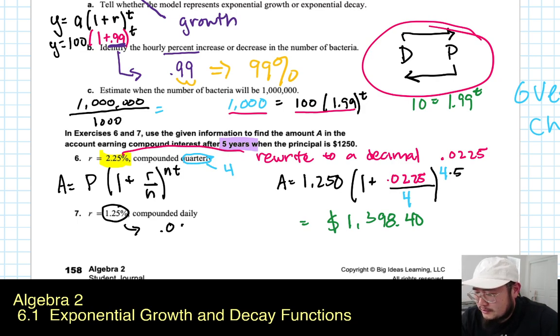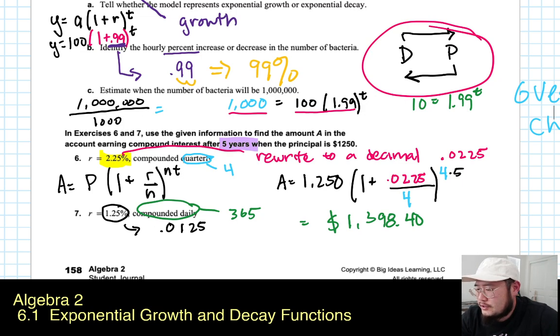So we have 365. We start off with the same amount, it's still 1,250. We have 1 plus R, which is 0.0125. Since it's compounded daily, we'll put that over 365.